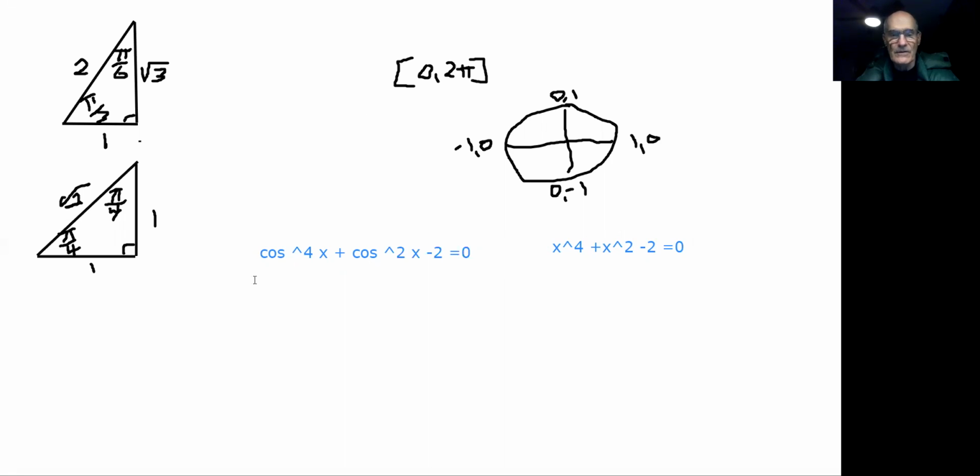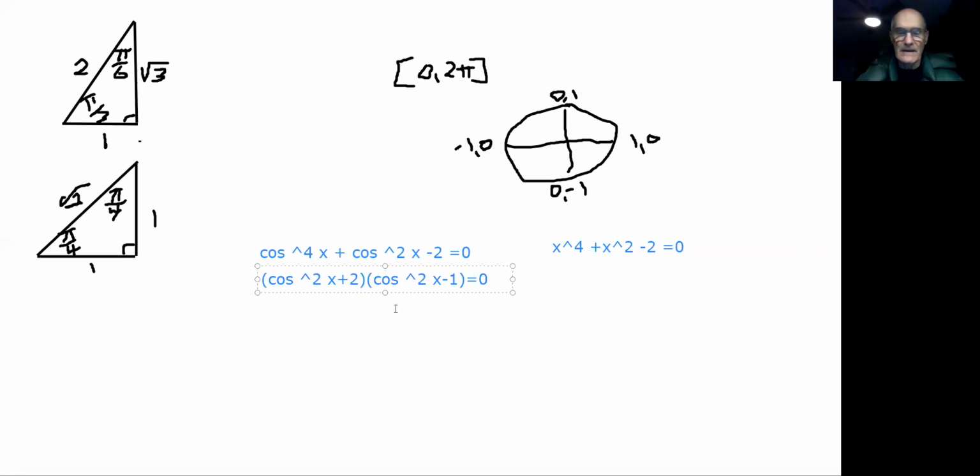So when I factor this, I will have cosine squared x plus 2, because the bigger one is plus, and then I would have cosine squared x minus 1, and I set that equal to 0.